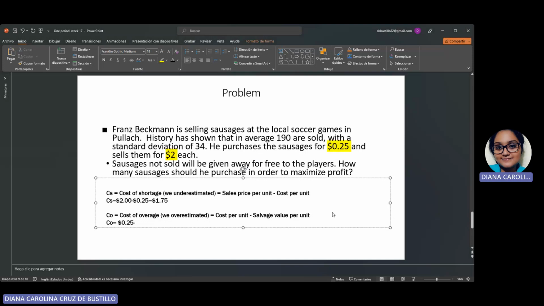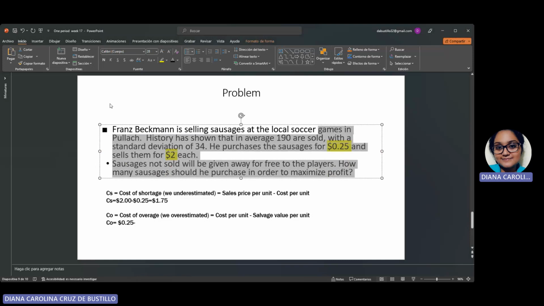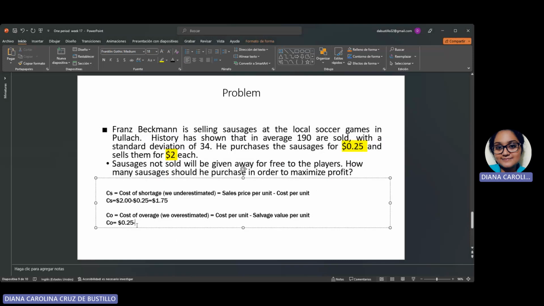The salvage value per unit is what you would obtain if you were to resell the items outside of the season where they are intended to be sold. In this particular exercise, apparently the items will not be sold at a lower price, but they will be given away for free. So the salvage value per unit would be $0 because you will not be able to recover that money that you invested. So that is 25 cents.